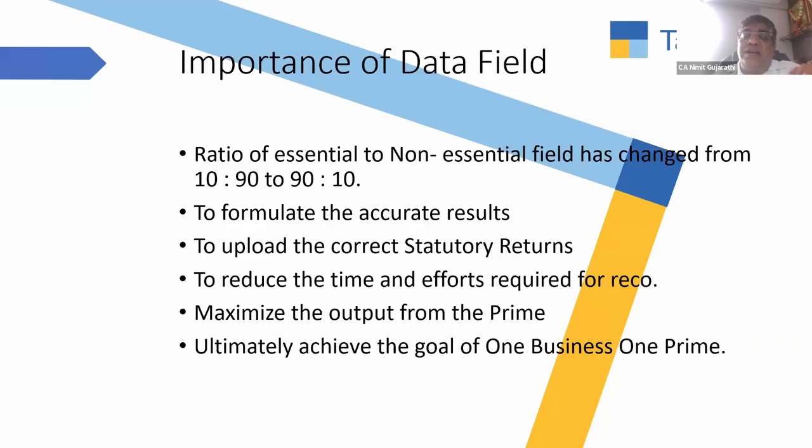See, I am using the word correct statutory return. It is not that without a particular master you cannot upload a statutory return. Statutory returns will be uploaded, whatever data is available will get uploaded. But to upload the correct statutory return, I need all my masters to be aligned to that particular statutory requirement, to reduce the time and effort required for reconciliation.